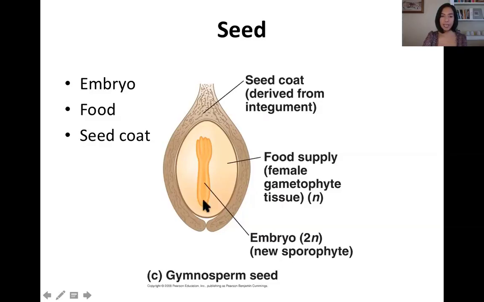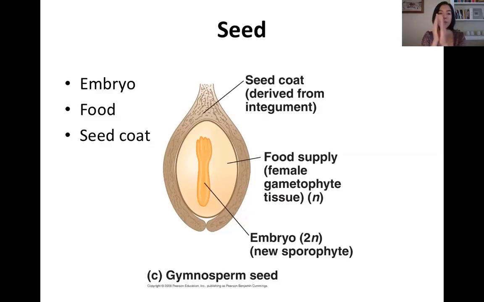And here we have the embryo, and these are baby leaves. Actually, they are called cotyledons. And in here, this tissue, this food supply in gymnosperms, is actually the female gametophyte. So it's very small. In some it is a little bit larger, but in some, it's very, very small.